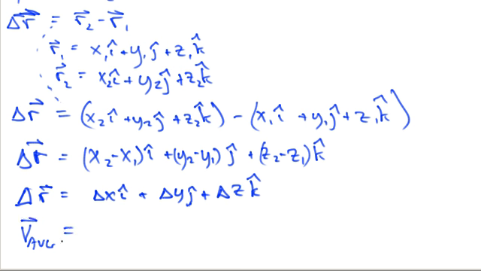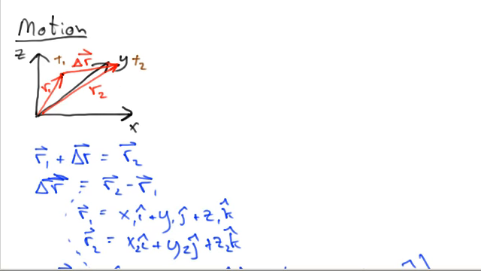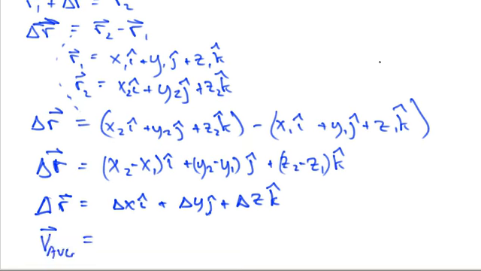from time t1 to time t2, that is from the time when the particle was at the position given by position vector r1 to the position corresponding to position vector r2, I can say the average velocity is delta r divided by delta t.